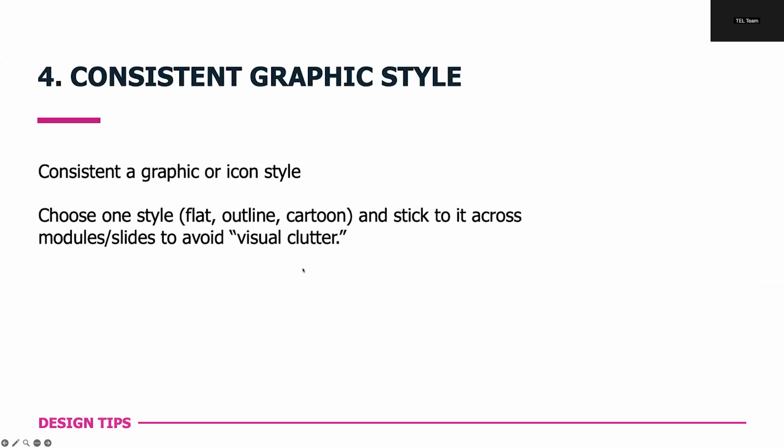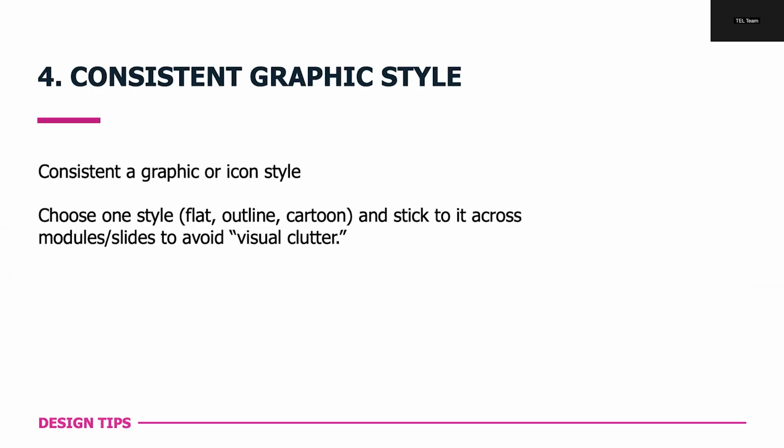Consistent graphic style. When I talk about consistent graphic style, it's looking at the icon sets or the graphics that you use. Choose a particular type, and we can see within PowerPoint in a minute that you can pull from an awful lot of resources in terms of the types of icons. You can pull in cartoon style characters and illustrations, and you can do this through icon sets and icon libraries and open sources as well.